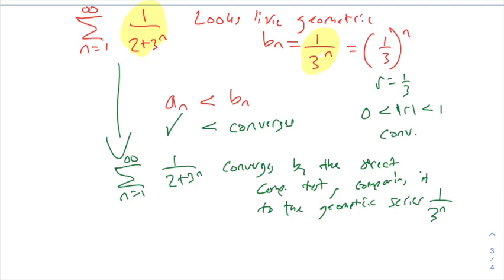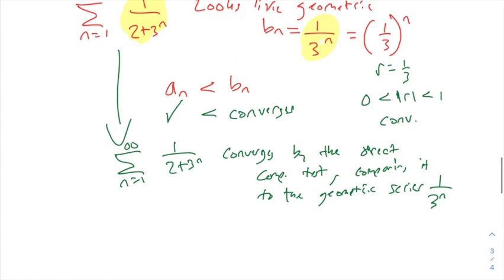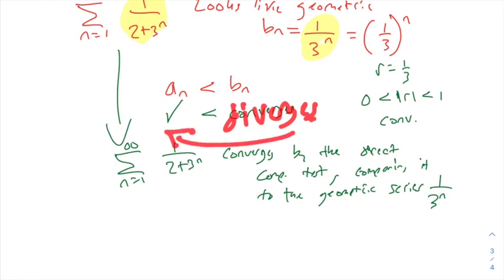Now, the problem that we're going to have with this is that sometimes we will do something like what we did, and we'll find out that our bigger series diverges. Let's just imagine that this problem diverged. Well, that just means a sub n is inconclusive, right?